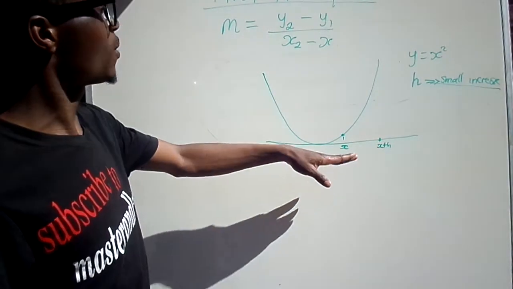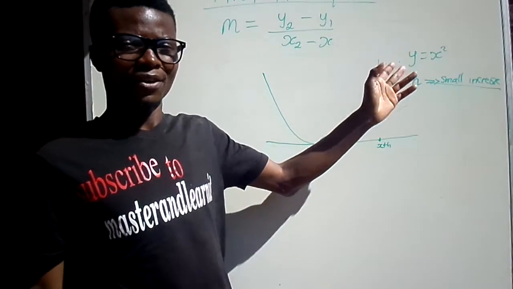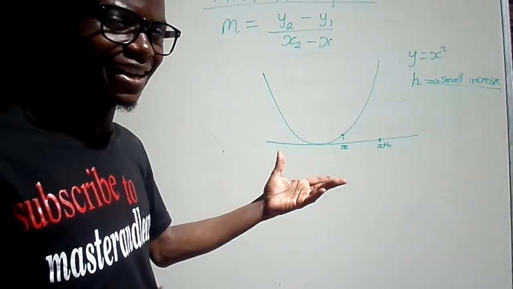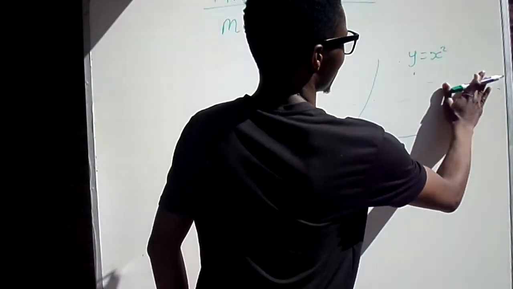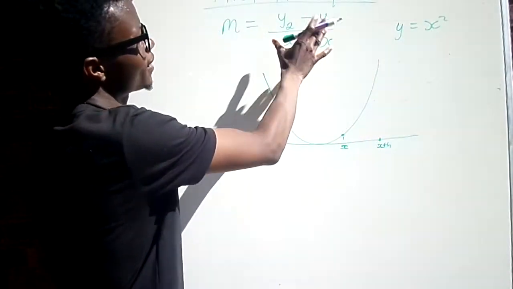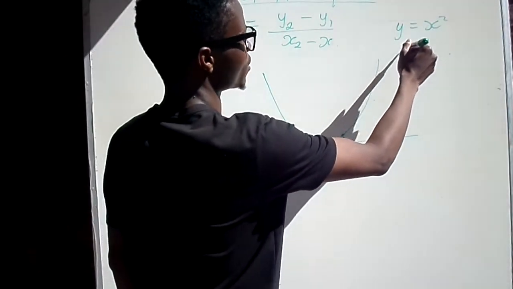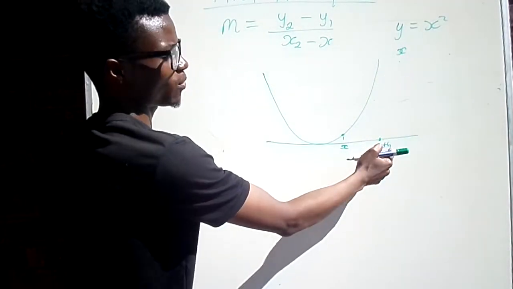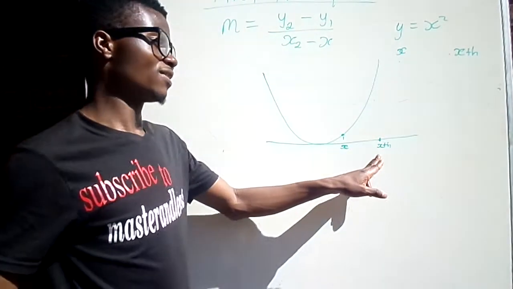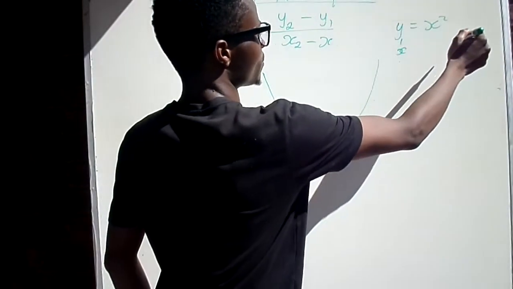So using this, we can calculate the gradient of a curve, a general expression that we can use to calculate the gradient of the curve at any point. Using the same principle, this is my x1, this is my x2, so my x2 is x plus h.